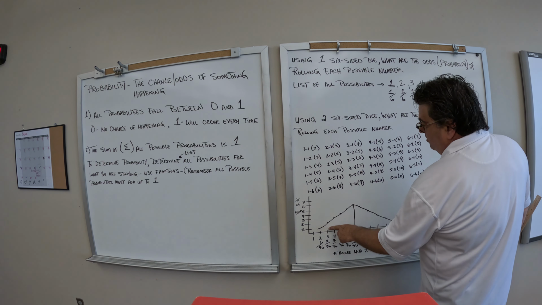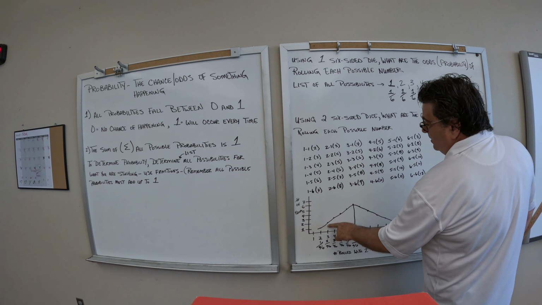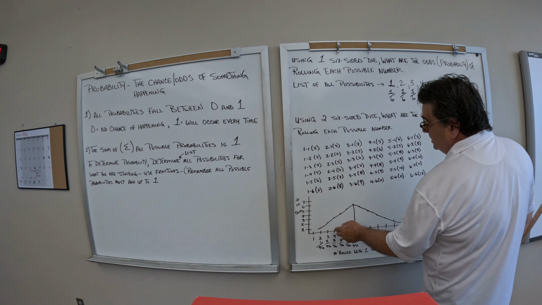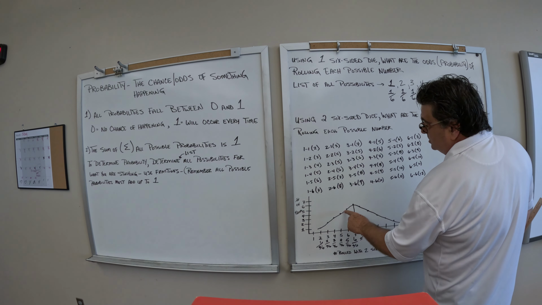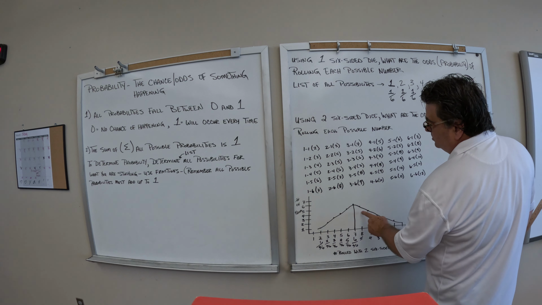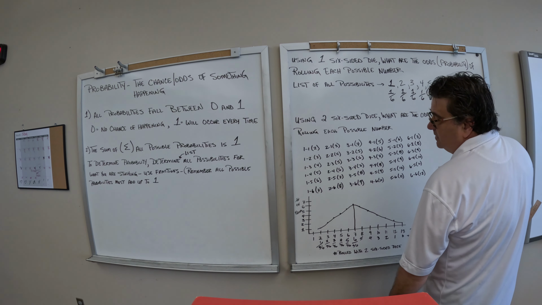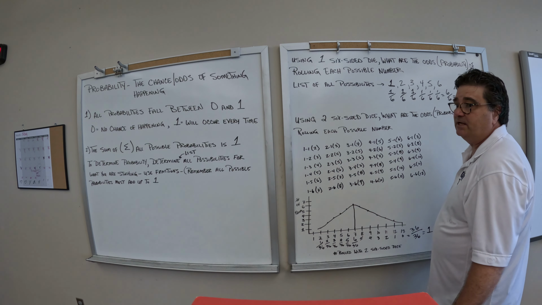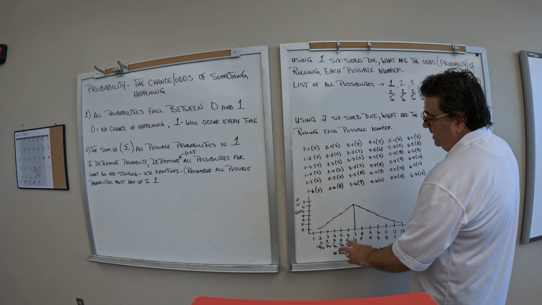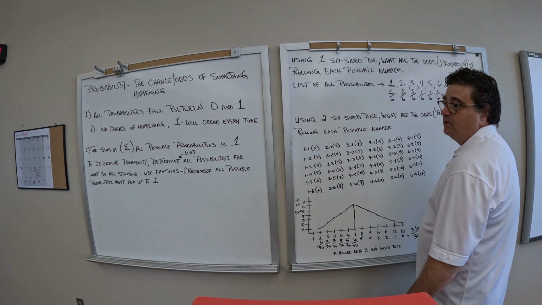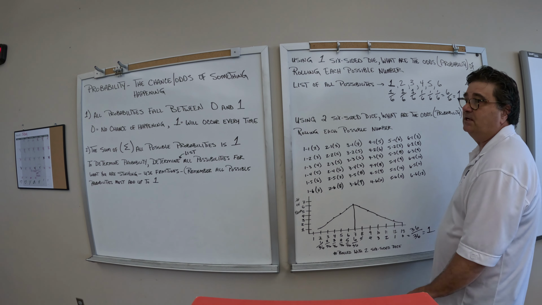Something you'll notice when we graph these, this is just a histogram, these should be bars in here, and if we connect the tops, we notice that we have this symmetrical curve that runs through the top of the data. That is the normal curve. This is one of the foundations of scientific study and research. And in a different lesson, we will talk about the normal curve and how that's used in scientific study.